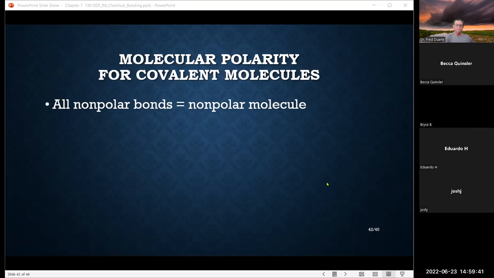All right, now, with respect to looking at the bonds, and then from that information, extrapolating to the full molecule and determining whether that molecule is polar or non-polar. These are things you need to determine, because from that information we assign a particular type of intermolecular force to that molecule.